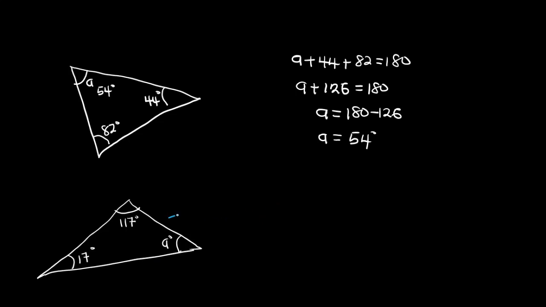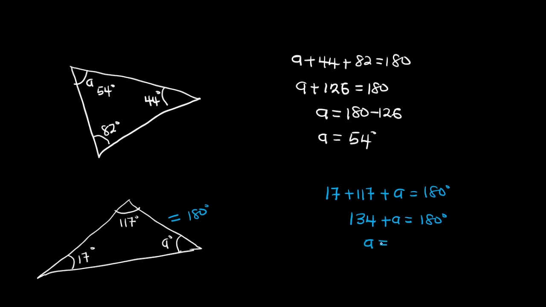As always, we say that the interior angles of a triangle add up to 180 degrees. So in this case, we have 17 plus 117 plus A equal to 180 degrees. From here, we add our numbers and then move it to the other side of the equal sign. So 17 plus 117 gives me 134, plus A is equal to 180 degrees.